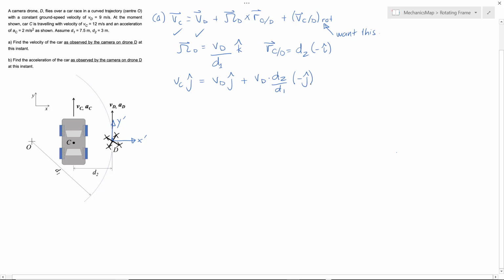So K cross negative I is negative J, plus the velocity of C with respect to D in the rotating frame.